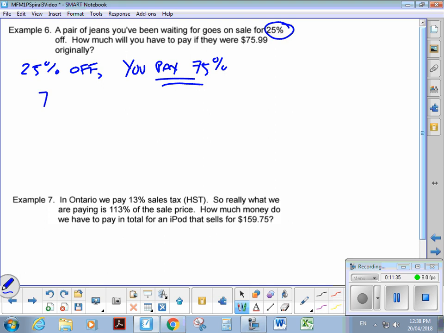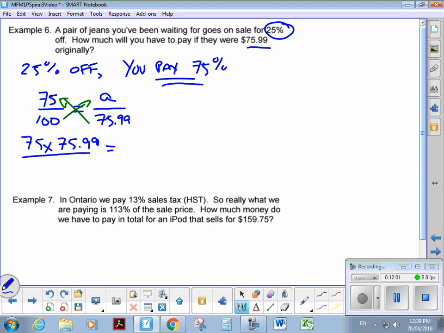So that means I can just say 75 over 100, because I'm going to pay 75% of the price. The total, it was $75.99. I want to know what is 75% of that. When I do my cross multiply here, you get 75 times 75.99 equals 100A.